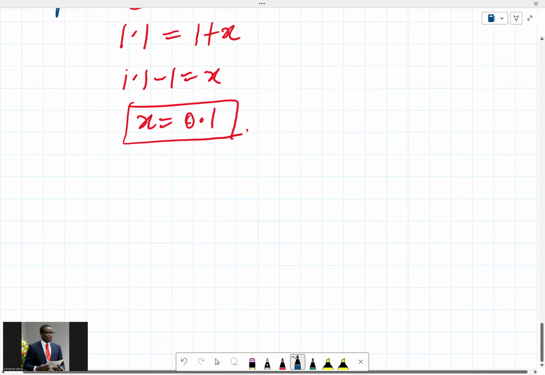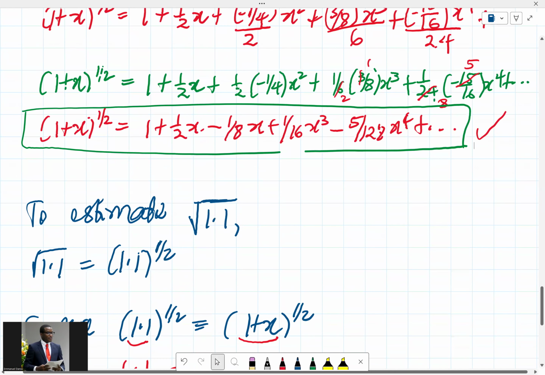you can bring the expansion now. I can stop at the fourth term instead of going all the way down.